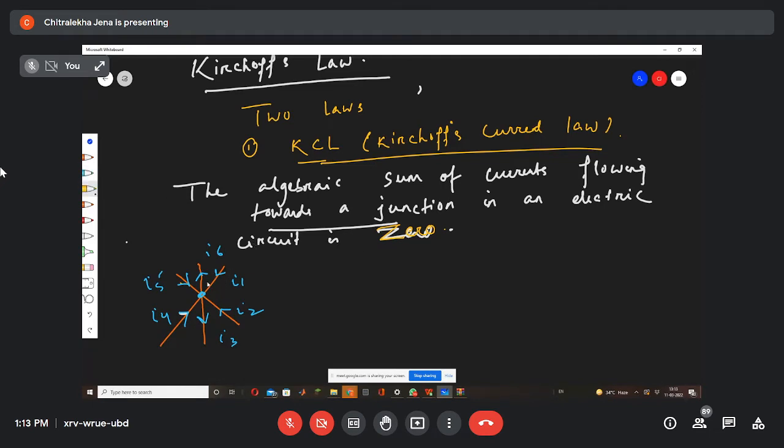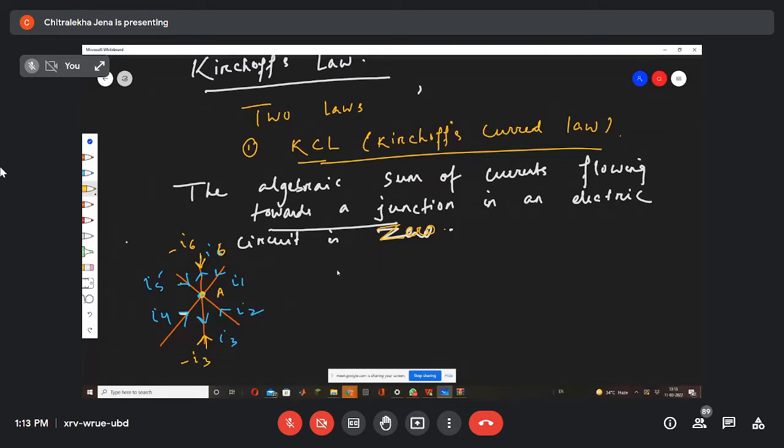Where I have taken a junction A, the current flowing towards the junction is minus of I6. The current I3 is flowing outward, so the current flowing towards the junction is minus of I3.